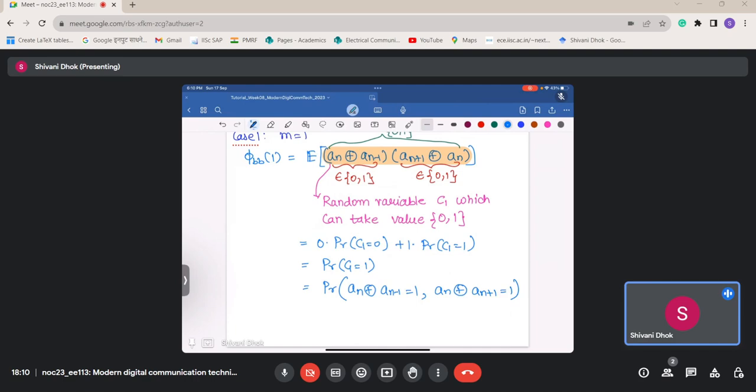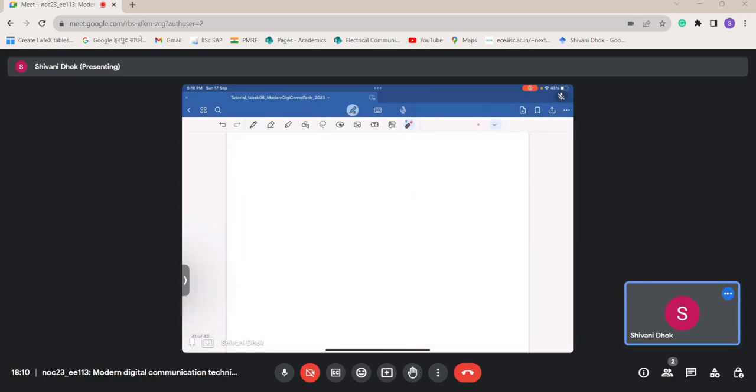If you observe carefully, the only quantity that is common between these two is an. The first will be 1 when an is not equal to an minus 1, and the second will be 1 when an is not equal to an plus 1. So we'll have two cases again.